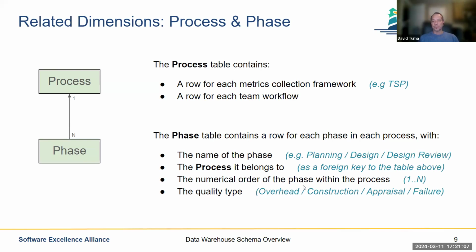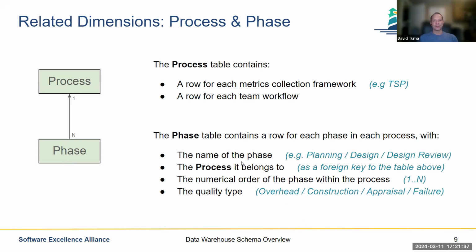It'll contain a number from 1 to, if there's like 12 steps in the process, a number from 1 to 12, indicating what order the phase comes within the process. And then it also includes the quality type, which is one of the 4 things: overhead, construction, appraisal or failure. So since there can be many phases in a process, this is a many to one relationship. Any questions about that?